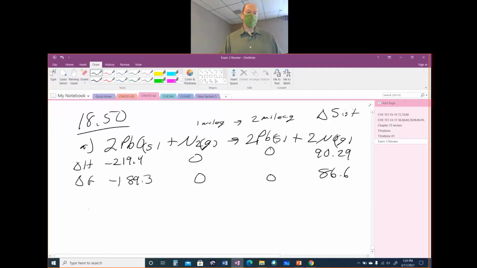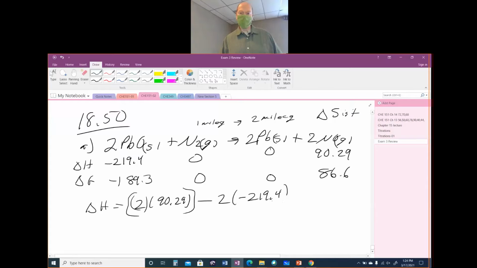All right, and so you find your delta H, products: 2 times the 90.29, the other one is 0, minus reactants: 2 times negative 219.4.